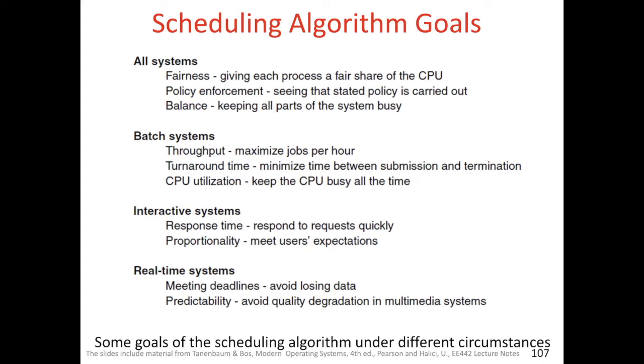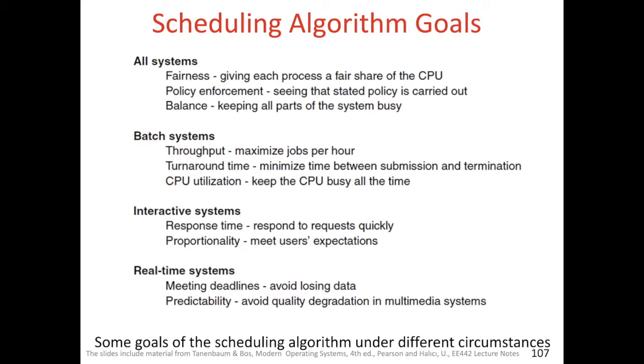For batch systems: throughput, maximize jobs per hour; turnaround time, minimize time between submission and termination; CPU utilization, keep the CPU busy all the time.